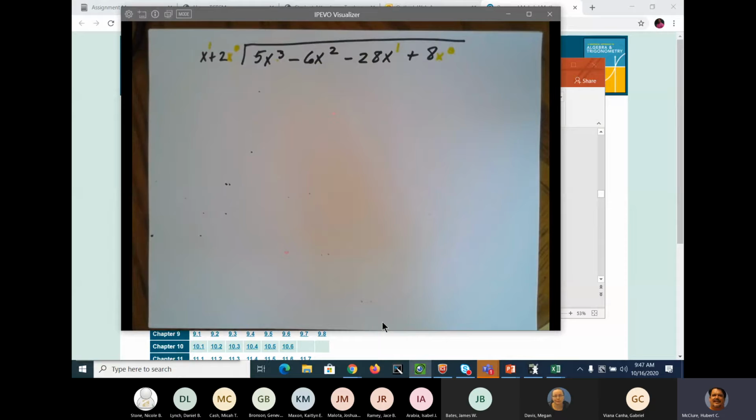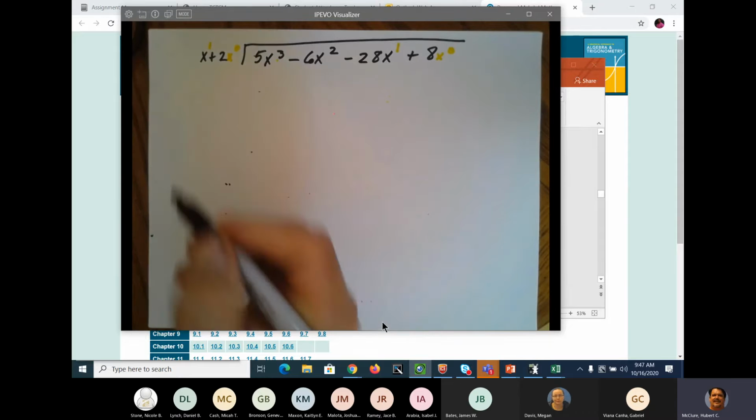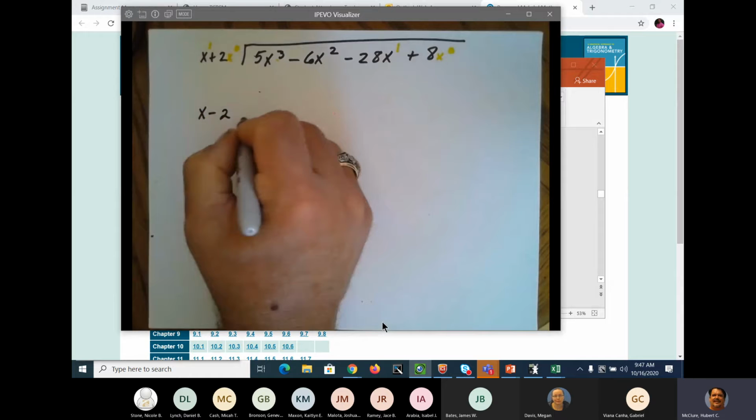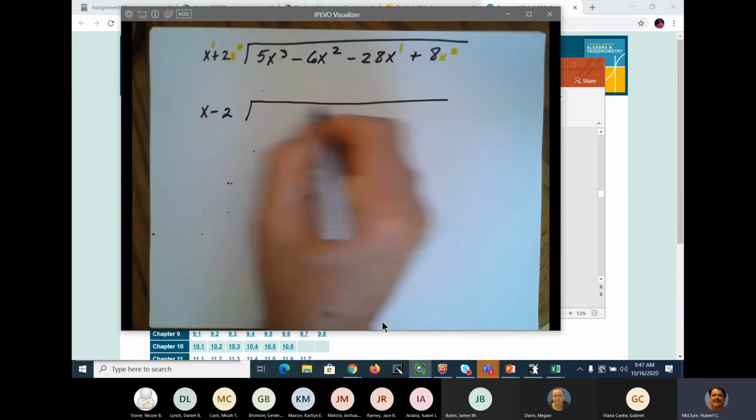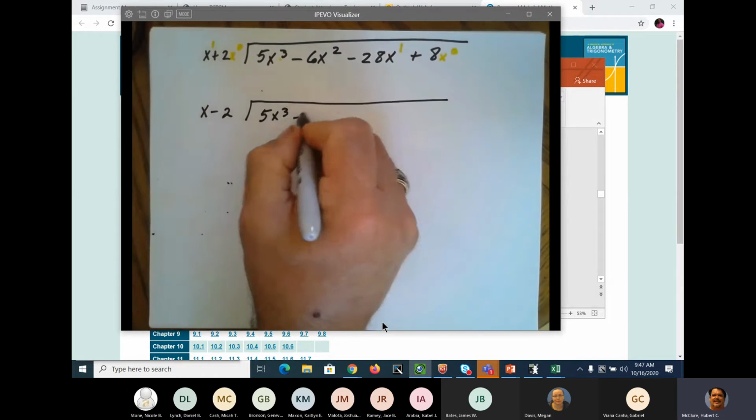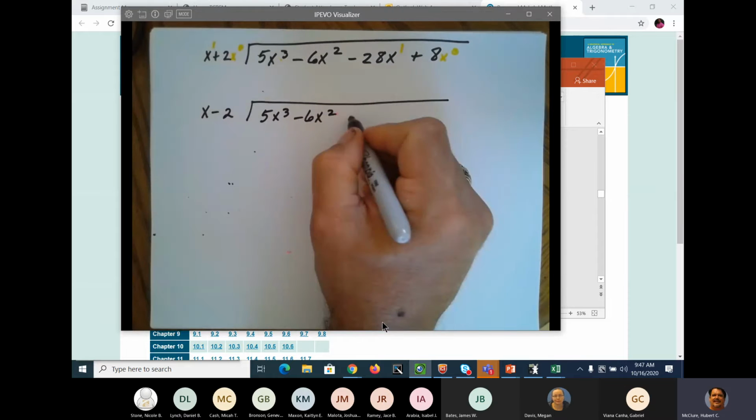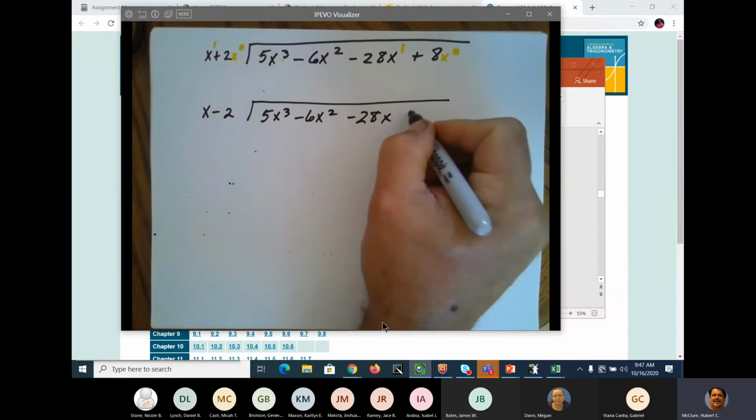So I've got all my place values accounted for. So I don't really have to do anything. I'm going to rewrite it, but I'm just going to go ahead and get started because I don't have any place values that are missing. So x minus 2 into 5x cubed minus 6x squared minus 28x plus 8.